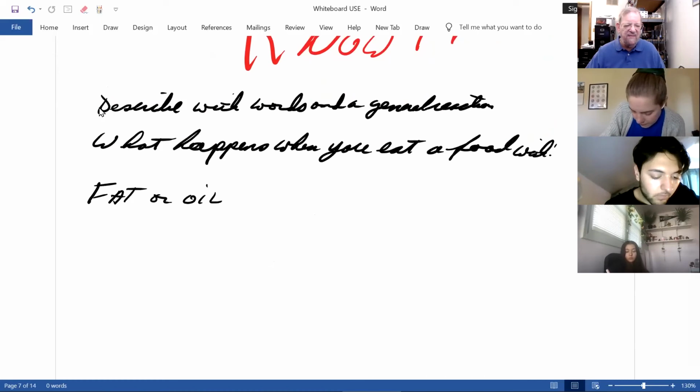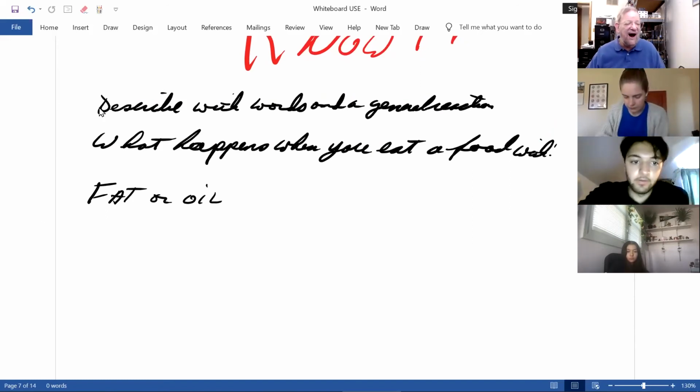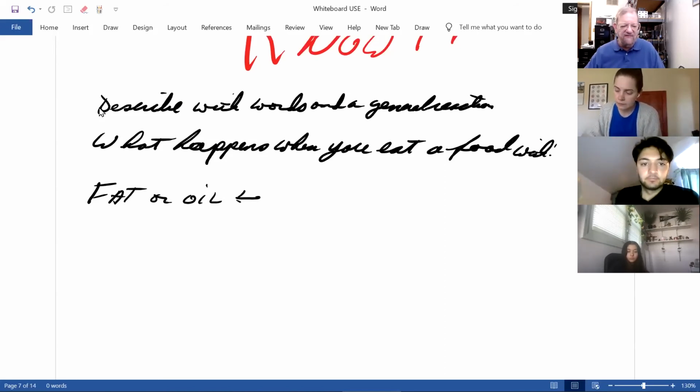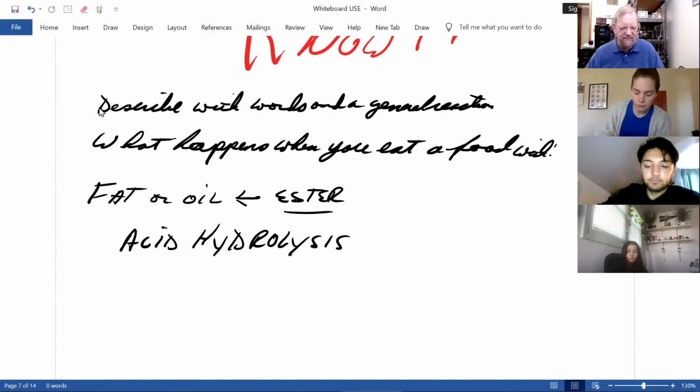If you had potato chips, you put butter on your toast this morning, you had bacon or hot dogs or hamburgers or whatever, how do you describe that? Well, what's the functional group in fats or oils? That's an ester. And what happens in your stomach? Acid hydrolysis of an ester.